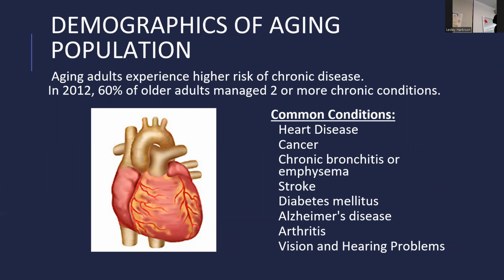comorbidities. Like you can see here, there's lots of common conditions in elderly individuals, from heart, cancer, diabetes, autoimmune. I mean, there's just so many things. But then on top of that, there are some changes that just happen with age. But a lot of the changes that are negative happen because of diseases, not just because people age.